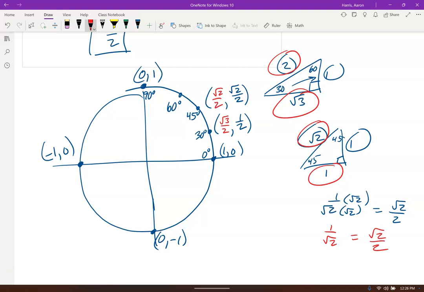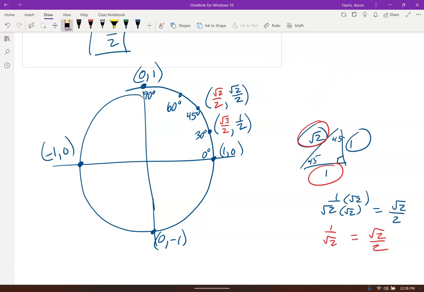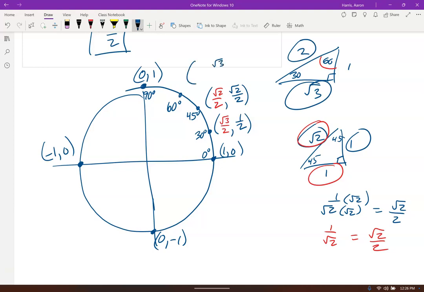Now for the 30, 60, 90. Now I'm looking at the 60 degree as my reference. Sine of 60 is opposite over hypotenuse. So that's the y value there.